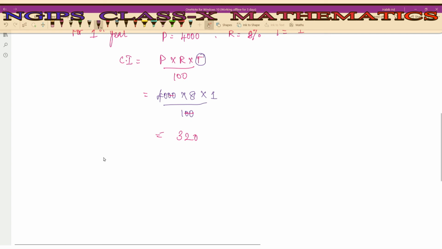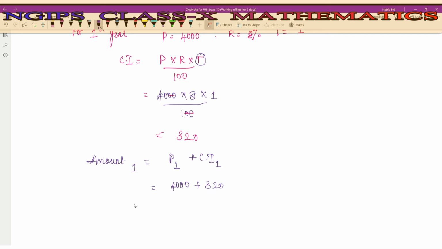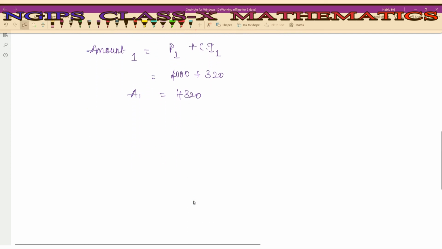The amount for the first year is equal to the principal of the first year plus the compound interest for the first year. So the principal is 4000 and the compound interest is 320. So we got A1 equal to 4320 rupees.